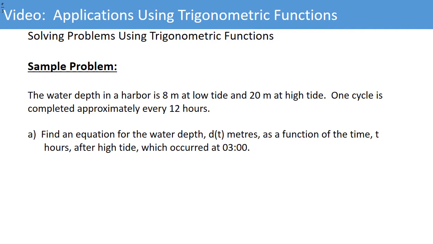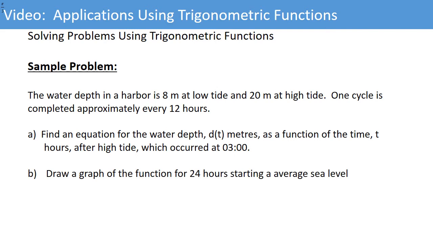Find an equation for the water depth, d in meters, as a function of the time, t hours, after high tide, which occurred at 0300 hours. Draw a graph of the function for 24 hours starting at average sea level. Verify your answer using technology.